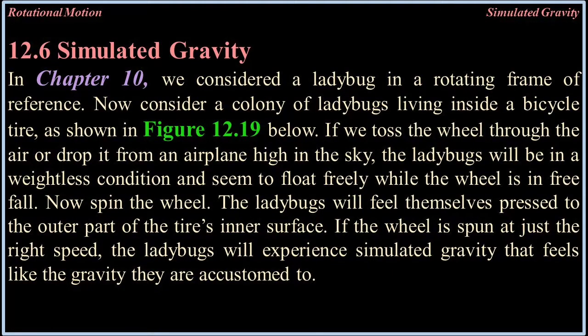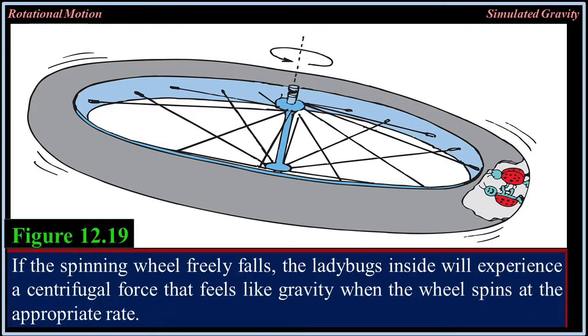12.6. Simulated gravity. In Chapter 10, we considered a ladybug in a rotating frame of reference. Now consider a colony of ladybugs living inside a bicycle tire as shown in Figure 12.19 below. If we toss the wheel through the air and drop it from an airplane high in the sky, the ladybugs will be in a weightless condition and seem to float freely while the wheel is in free fall.